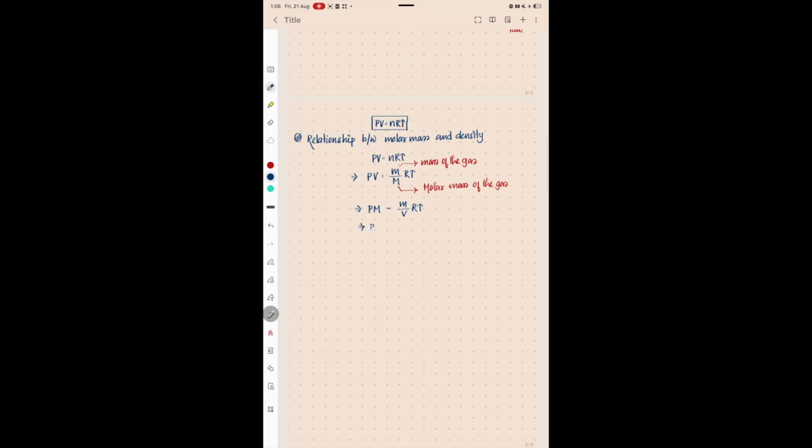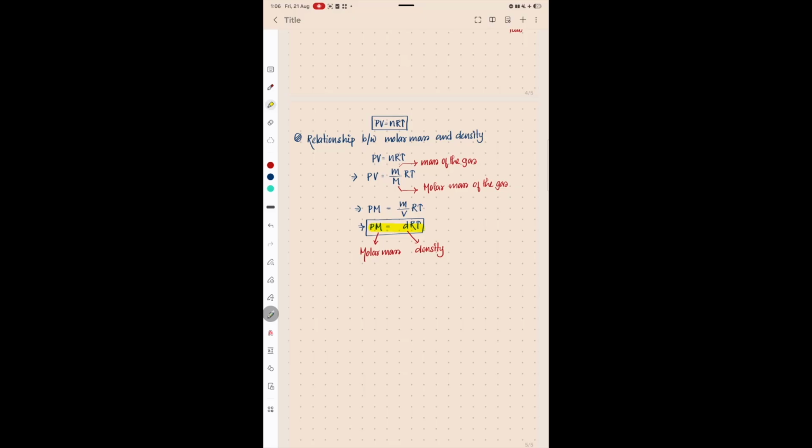Or what I can do is that PM is equal to dRT, right? Where this M is the molar mass, and d is the density. Okay, so this is the relationship between your molar mass and density.